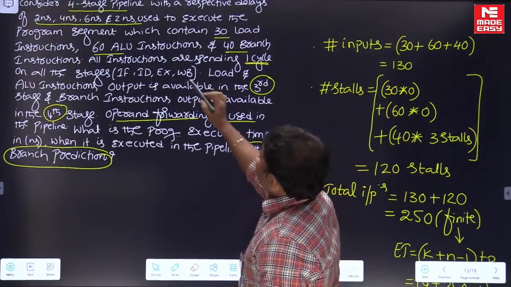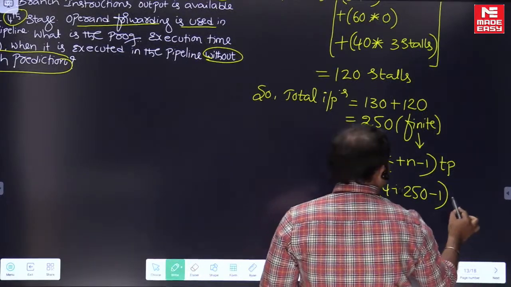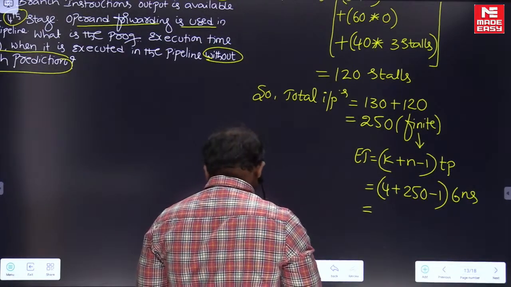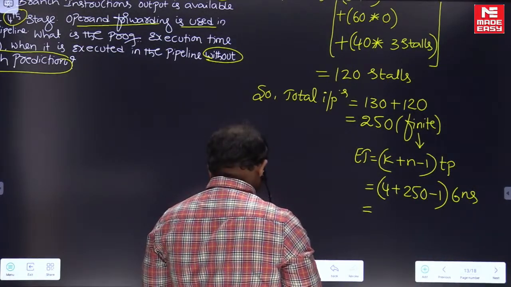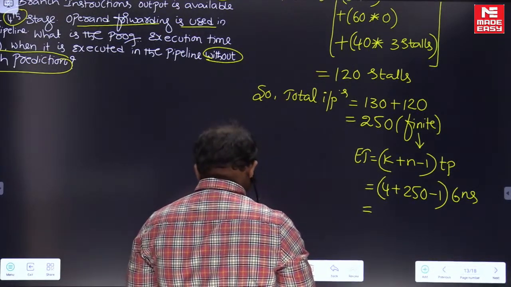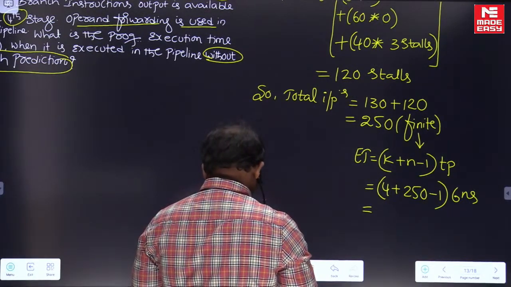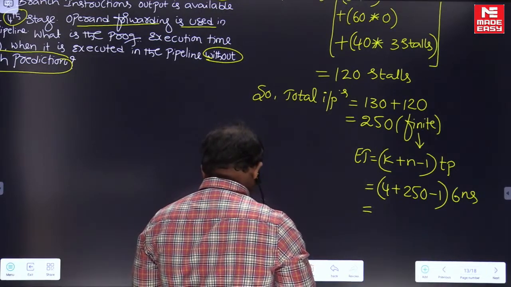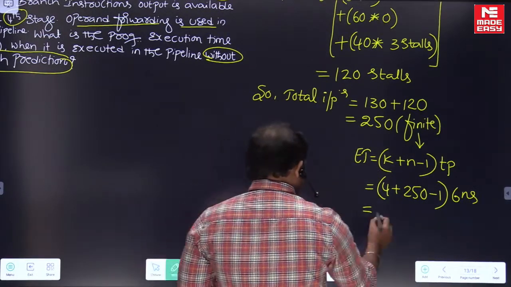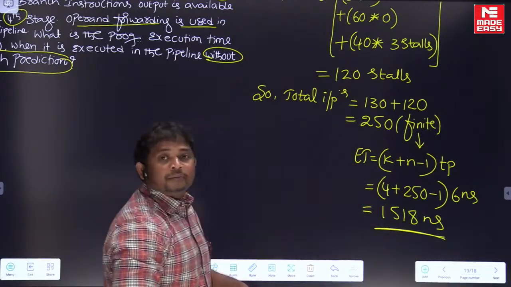Cycle time depends on the stage delays; the maximum stage delay is 6 nanosecond. So 253 into 6 nanosecond is 1518 nanosecond. This is the execution time of the program.